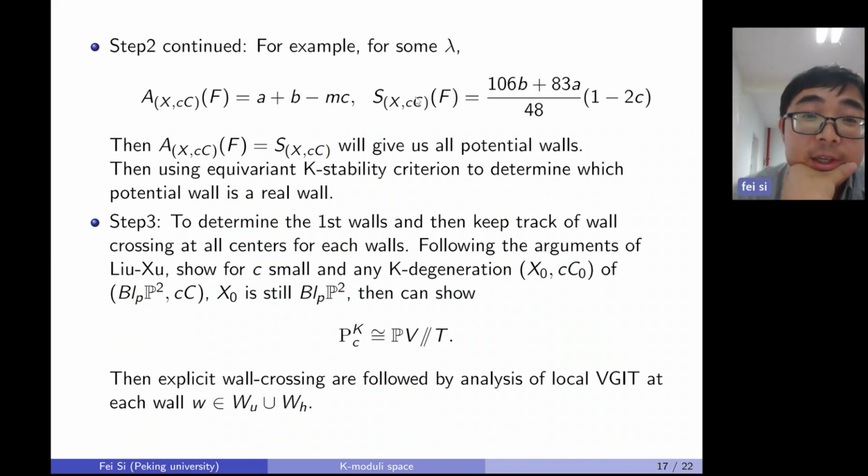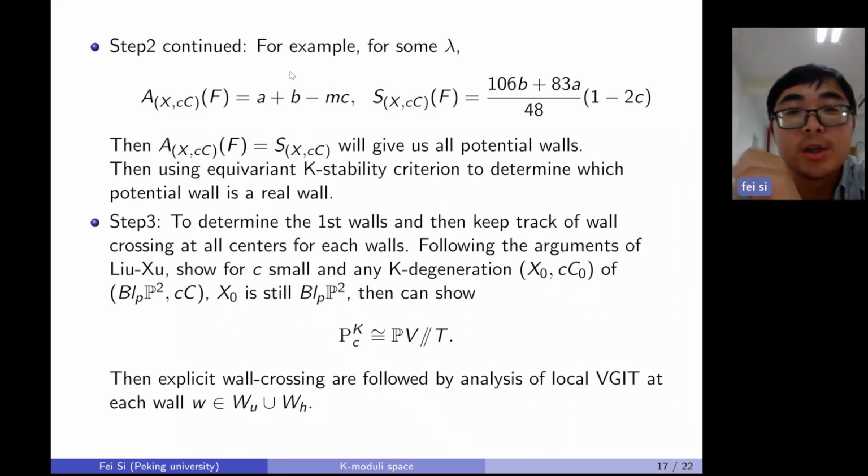Actually, in this case, the Futaki character of this one-dimensional torus just corresponds to the beta invariant of divisors obtained by a weighted blowup with some weight.